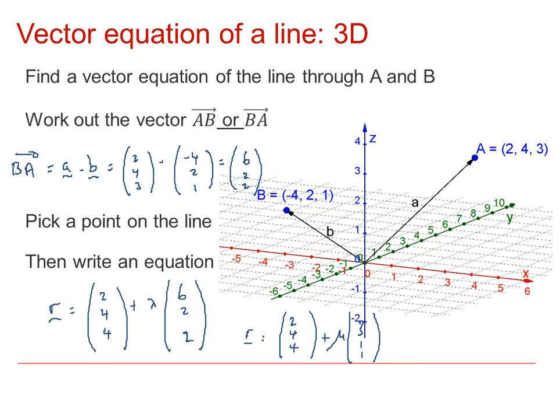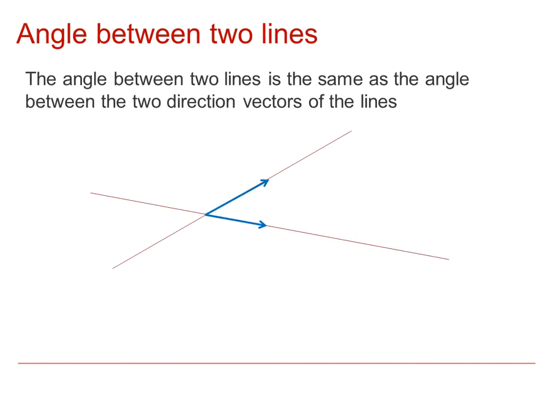Well, the final thing we might be asked to do, as we were in 2 dimensions, is to work out the angle between 2 lines. So in this particular case, we would have 2 direction vectors for our lines, d1 and d2.